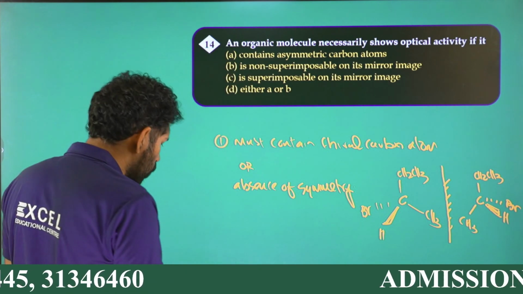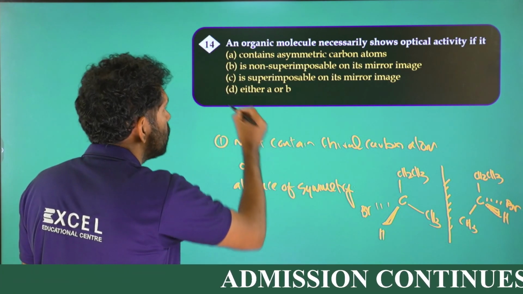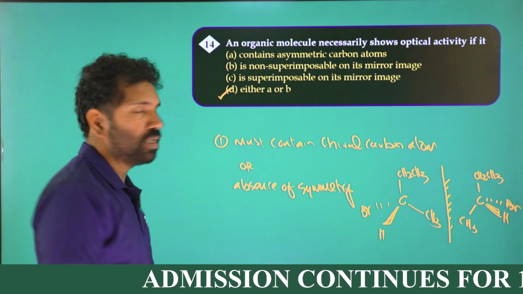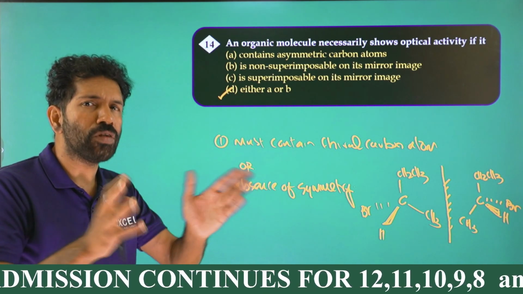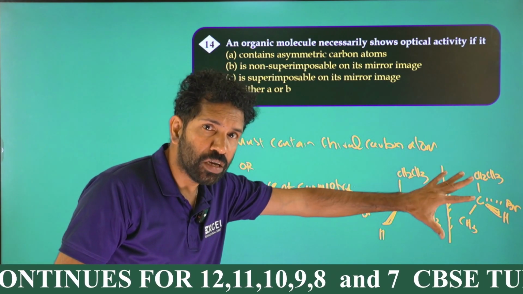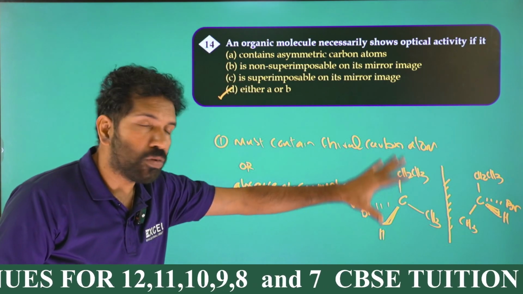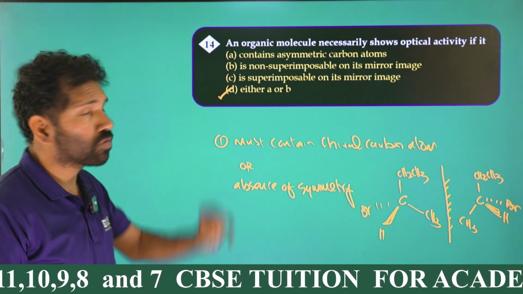So we can go for this. The best option here is either A or B. If a compound has a chiral carbon, it will be optically active. If a compound can form non-superimposable mirror images, meaning it is asymmetric and has no symmetry, it will show optical activity. So remember that.